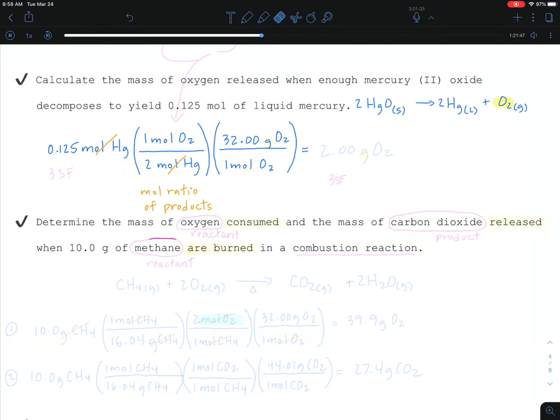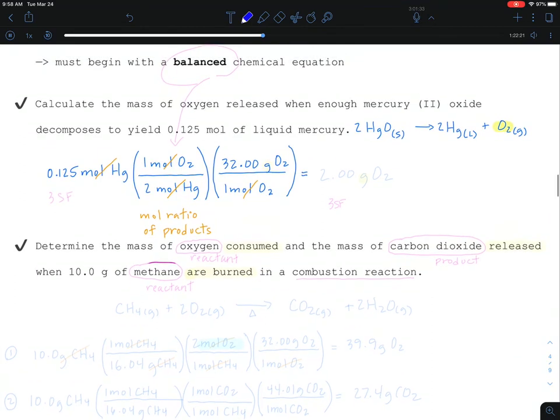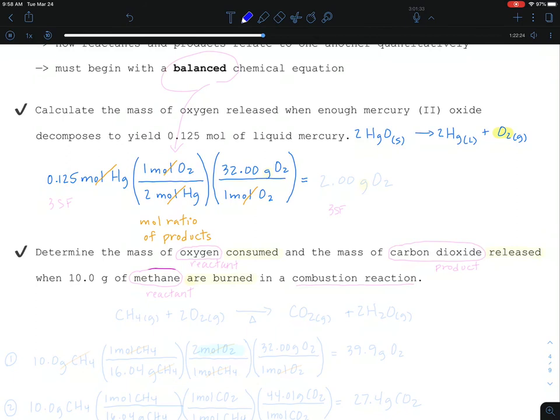I know how many moles of just one of my products was obtained, and I know the mole ratio of everybody in the pot. So I know that only 1 mole of oxygen gas is produced when 2 moles of mercury are produced. But I also know that only 0.125 moles of mercury was produced. See what I'm saying? So you can take that mole ratio, multiply it by the actual amount of mercury that you made, and you can figure out how much oxygen you made. And my moles of oxygen are going to cancel. So what I end up with is about 2.